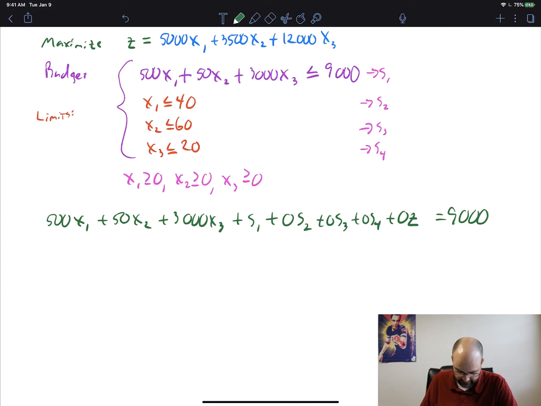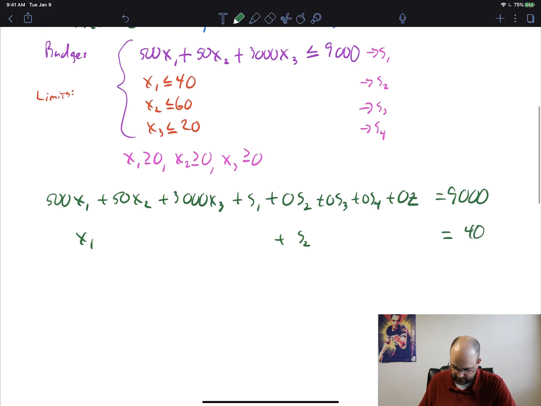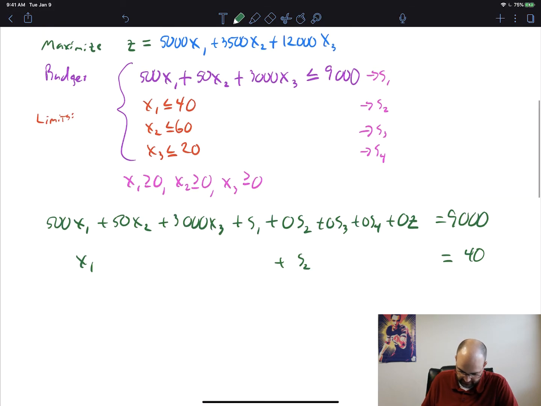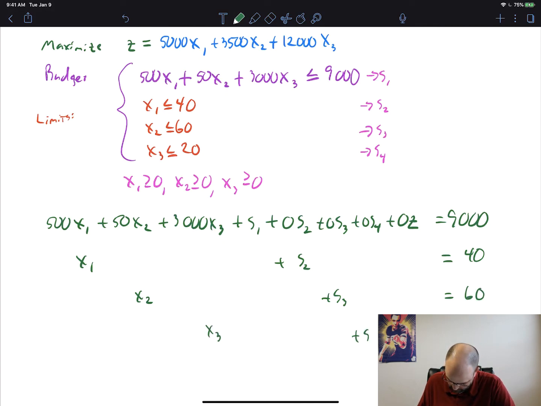For the next one, we have x1 plus S2 equals 40, basically, and everything else is a 0. I'm just going to leave it like that. It's going to be really hard to read otherwise. And then, of course, we have x2 plus S3 is equal to 60. Then we have x3 plus S4 is equal to 20.